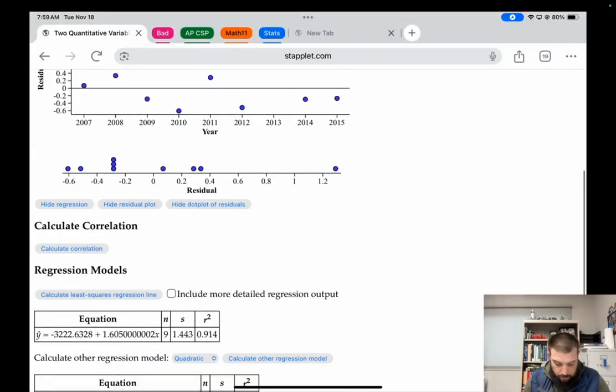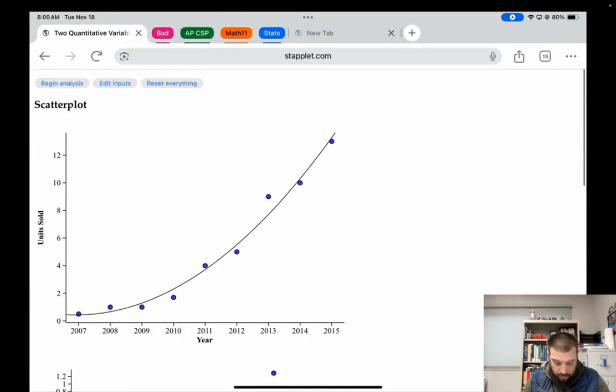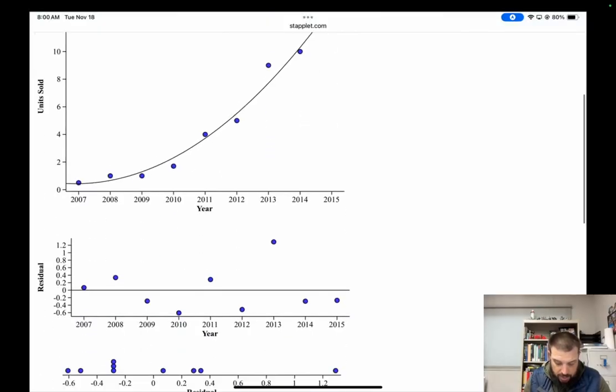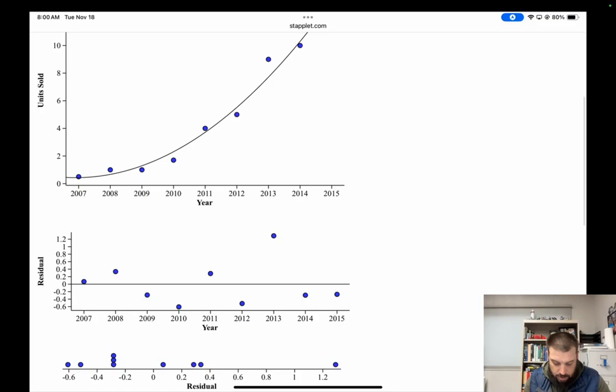And as we come back up here, you can now see that scatter plot with that regression line is a much better fit, as you're seeing that spacing, and that is given even more credence when we look at the residual plot there of a quadratic regression model.